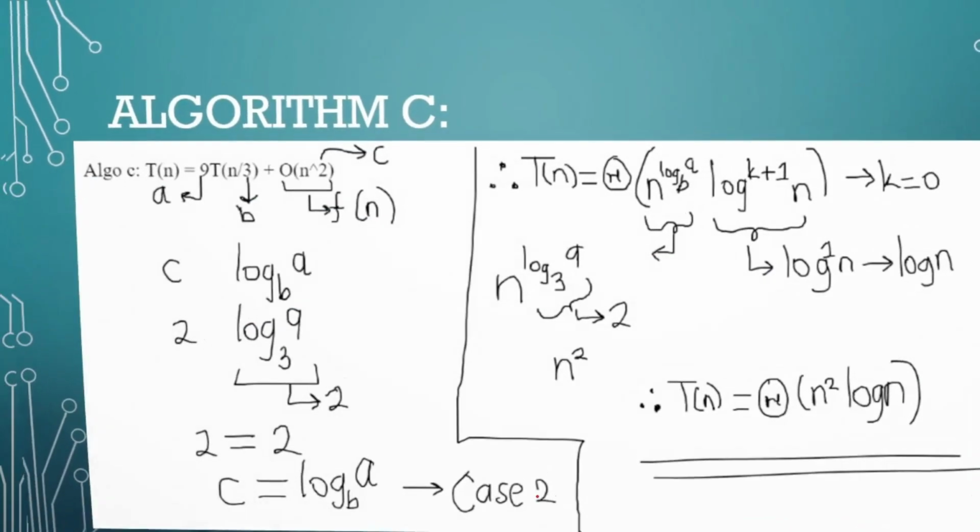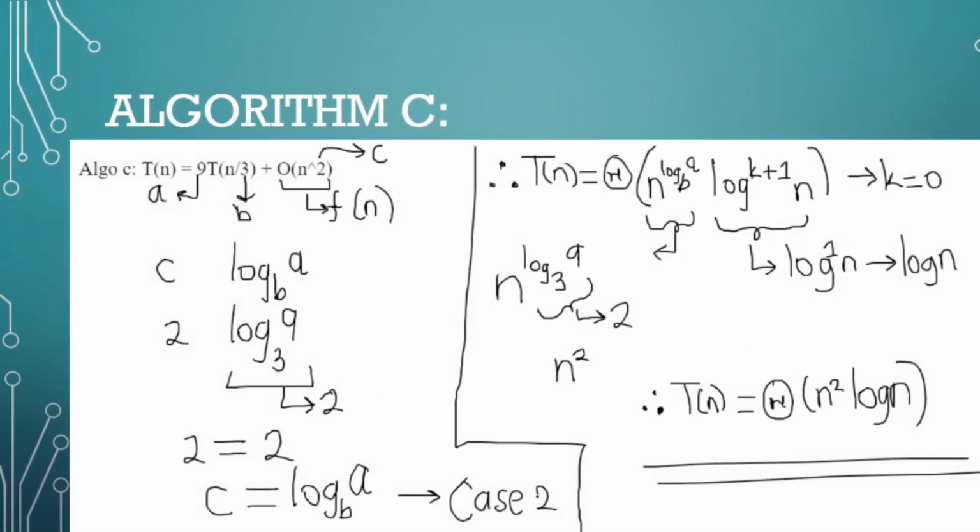Again, we need to get the time complexity by looking at which case it belongs to. So again, this is just the problem statement that we had for algorithm C on the previous page, and we want to ask ourselves again, c, what's c? c in this case is 2. What about log to base b of a? What could that be?